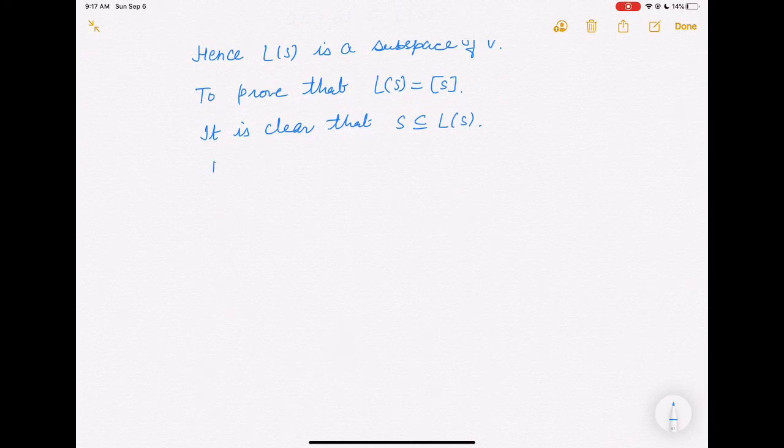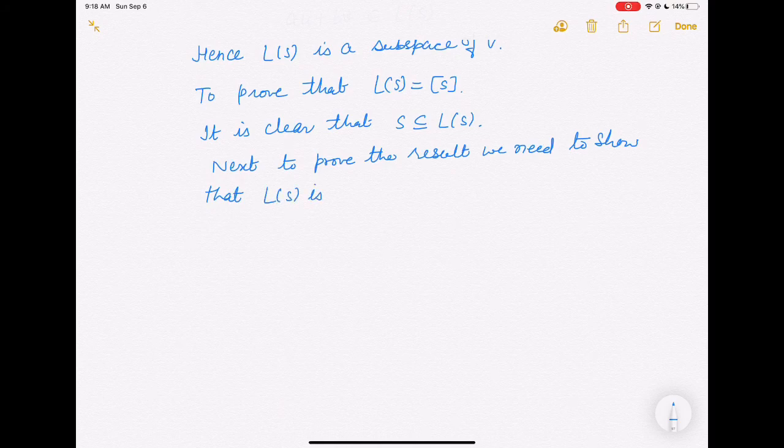Next, to prove the result, we need to show that the linear span L(S) of S is the smallest vector subspace of V containing S. So it is clear that S is contained in L(S).